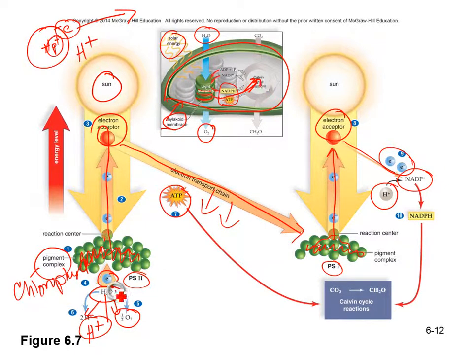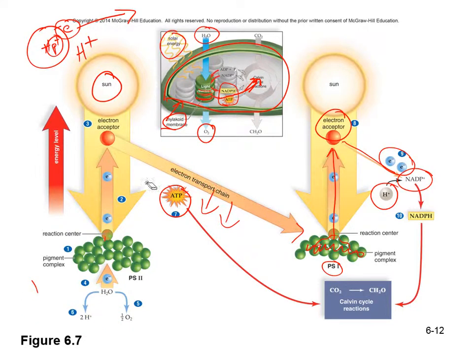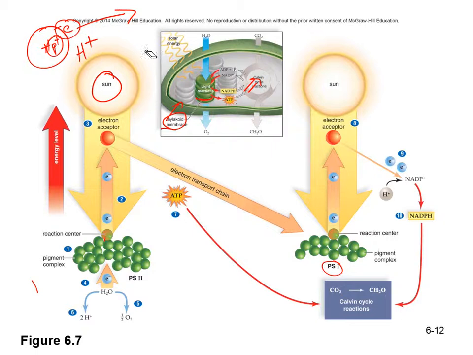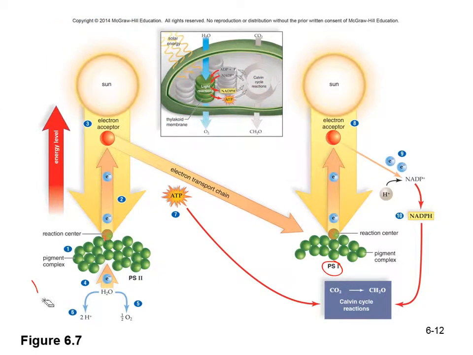So we have water being split. When water is split, the hydrogens come off. Maybe I should go back and erase some of this so that we can start all over again. You should be able to follow some of the processes and what's going on in terms of each individual molecule.